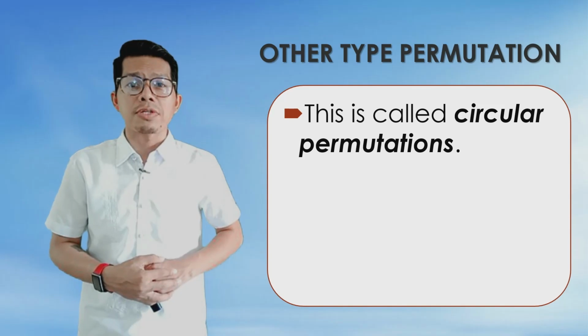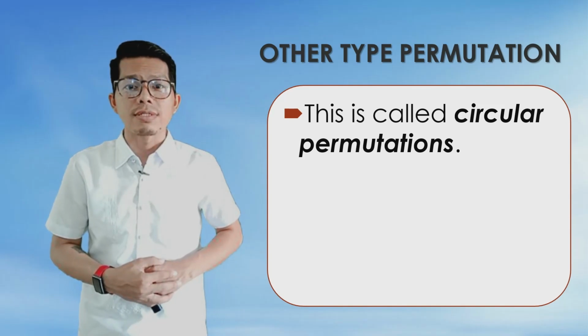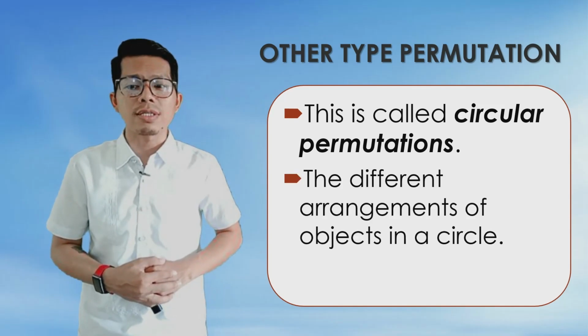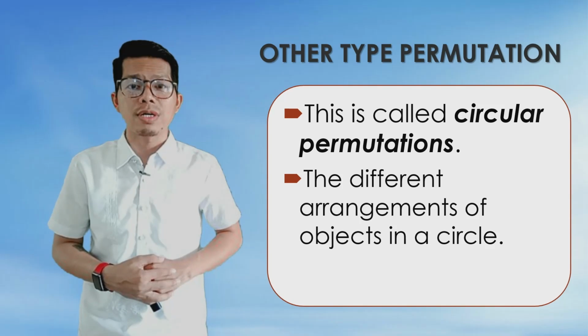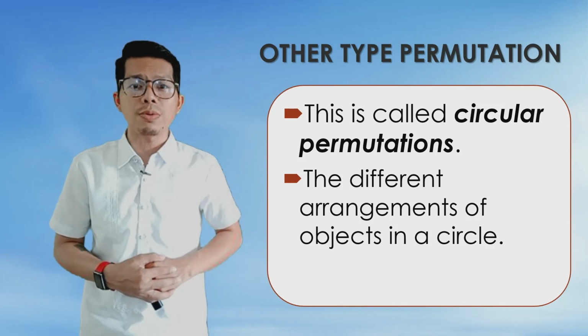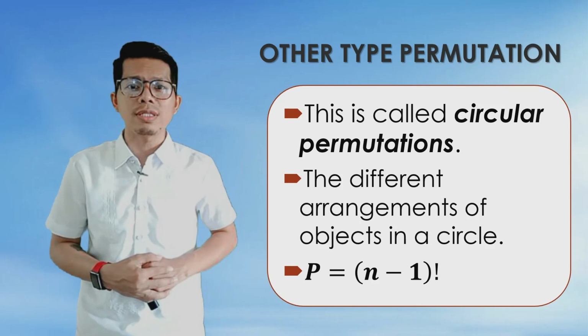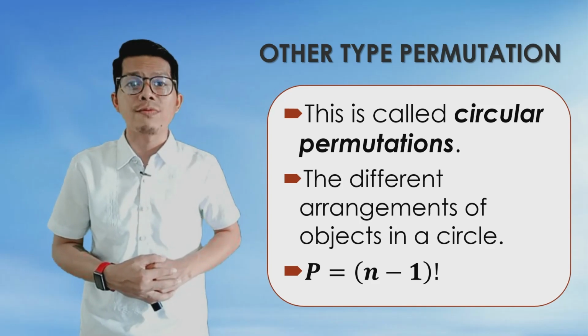What are circular permutations? These are the different arrangements of objects in a circle. It is denoted by the circular permutation is equal to the quantity n minus 1 factorial.